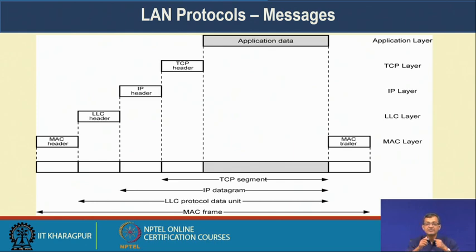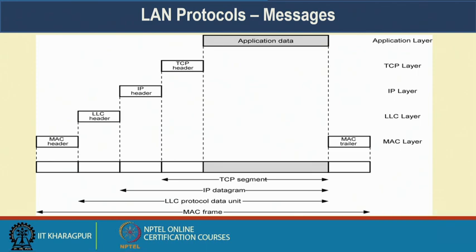Then it becomes a payload to the LLC, or overall the data link layer, and the MAC adds its header and trailer to become the MAC layer frame. So we say TCP segment, IP datagram, LLC PDU and MAC frame, or sometimes layer 2 frame, which considers both the LLC and MAC layers.